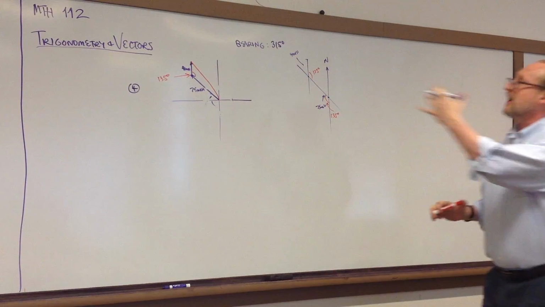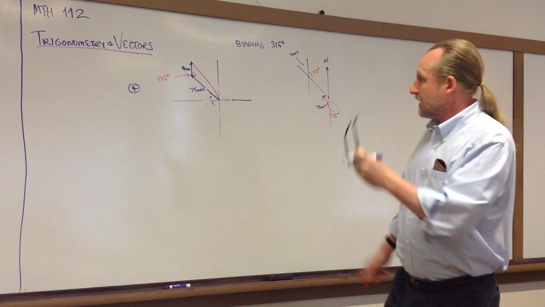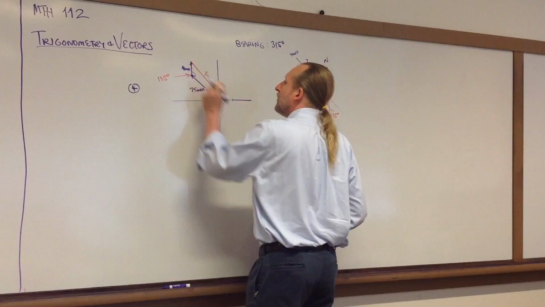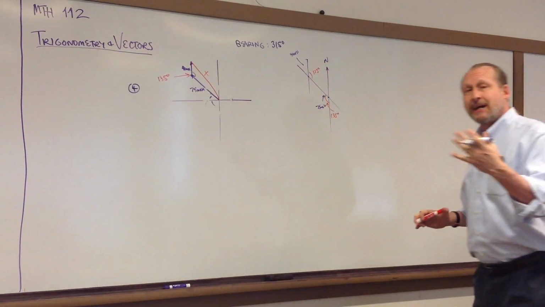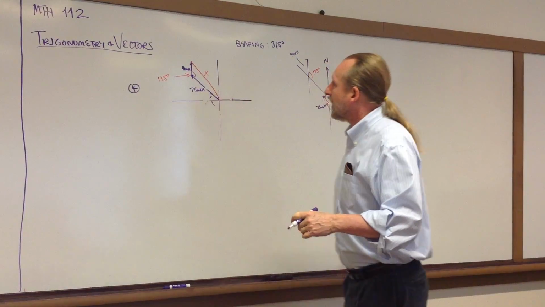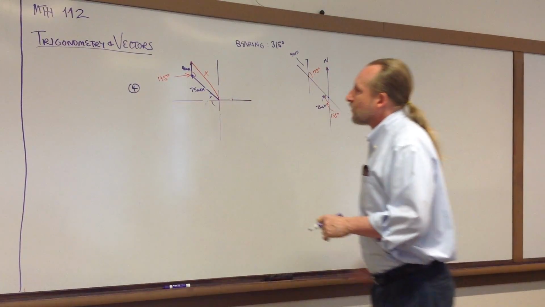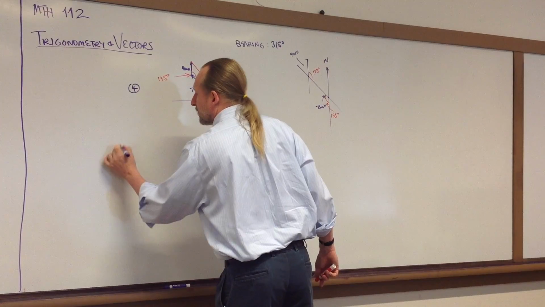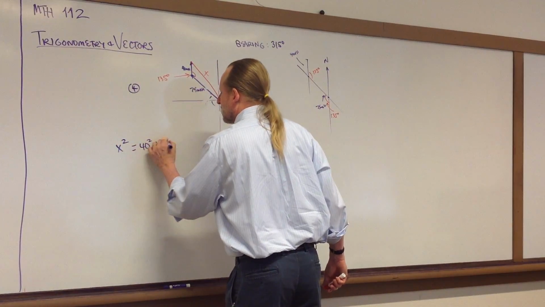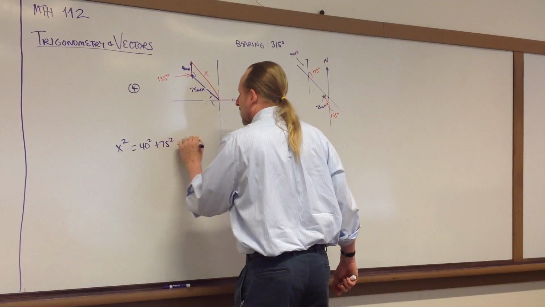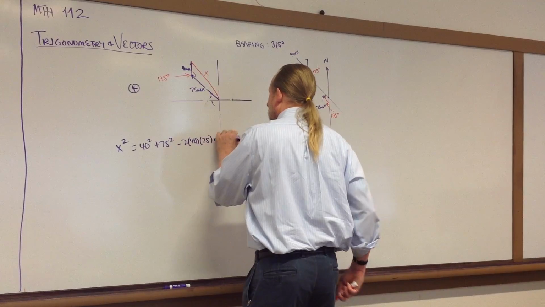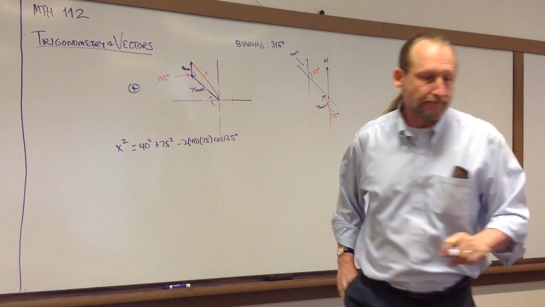Okay, now for this triangle, we will need the law of cosines. So, if we want to find the magnitude of that vector that represents the actual ground speed for that ultralight plane, we're going to be finding x, and we'll say x squared is going to be 40 squared plus 75 squared minus 2 times 40 times 75 cosine 135 degrees.